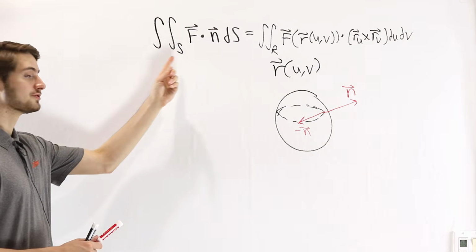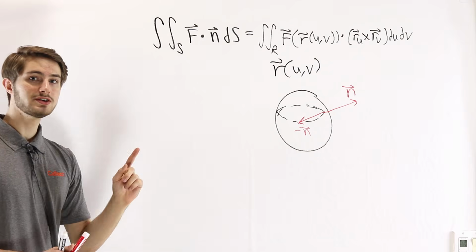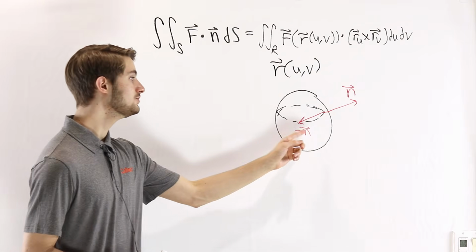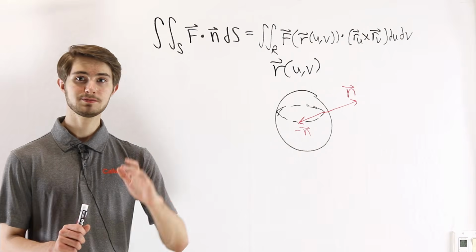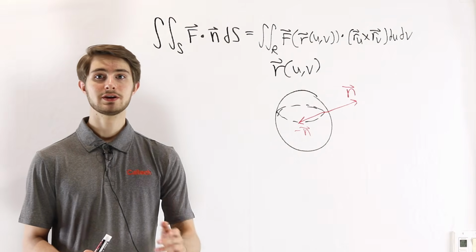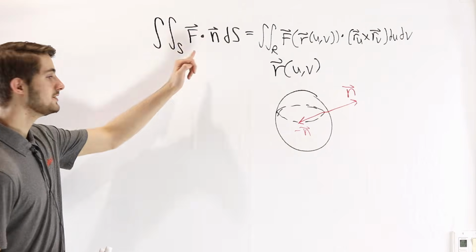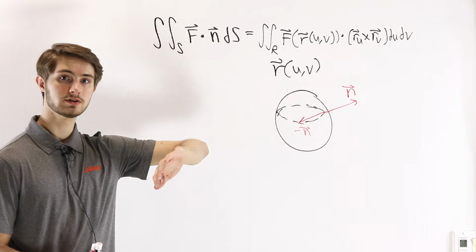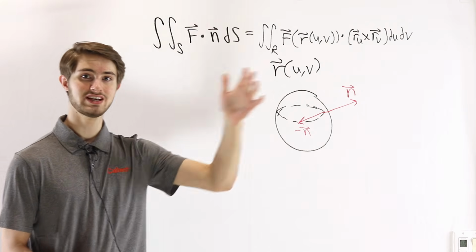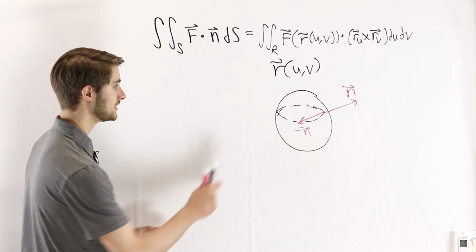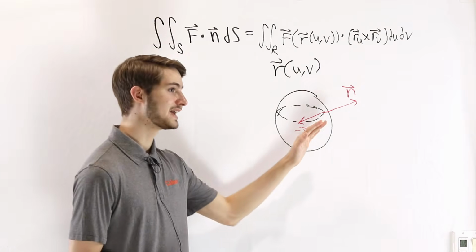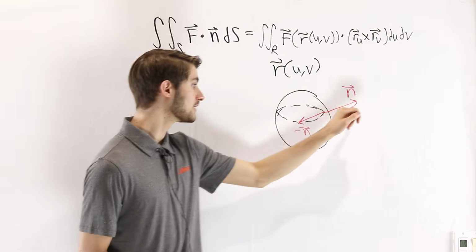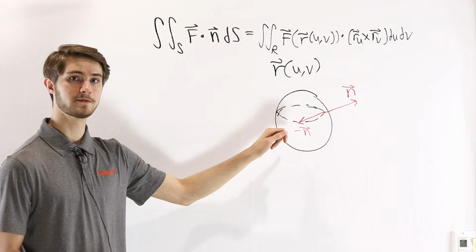When we do a vector field surface integral, we always have to recognize that we're choosing an orientation for the normal vector. Now, when problems describe the normal vector, they'll usually say that it's either upward versus downward or outward versus inward. In the case of the sphere here, it would make sense to describe the normal vector as either pointing outward away from the sphere or inward towards the center of the sphere.